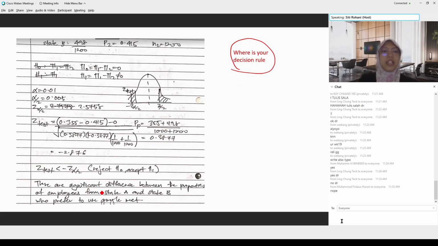Suddenly you said there is significant difference between the proportions of employees from state A and state B. So where is the decision whether you reject or accept the hypothesis? You cannot give two answers, I won't accept it. You should decide whether to reject or accept only. Choose one only.